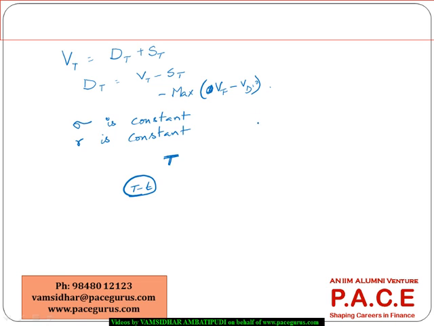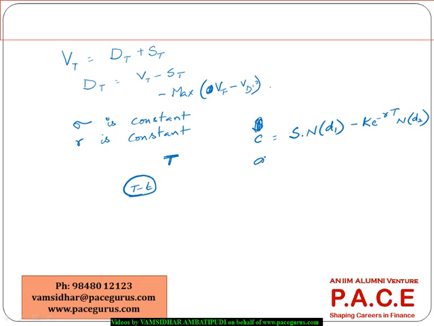Now, in the regular case, the value of an option is nothing but the spot price multiplied by N of d1, minus the present value of the strike price multiplied by N of d2.